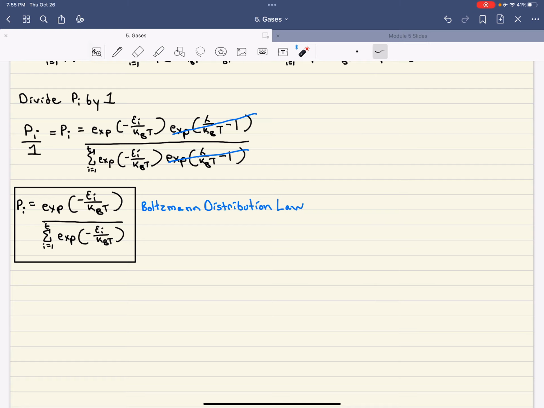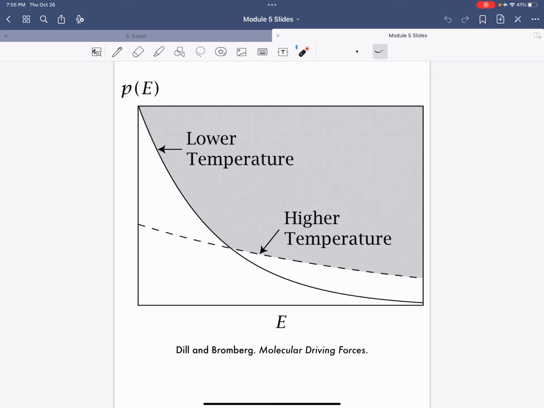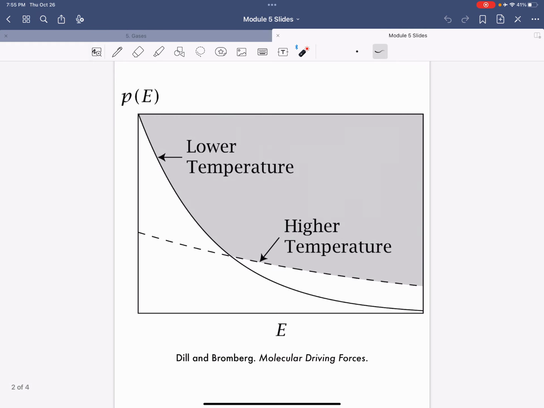And to illustrate this probability distribution more concretely, we can take a look at it plotted here. The y-axis is the probability as a function of the internal energy, and the x-axis is the energy level. Really, you could think of this as your epsilon i.